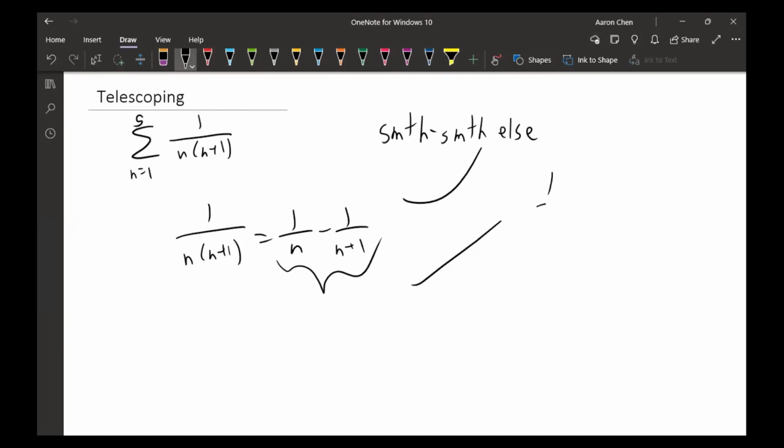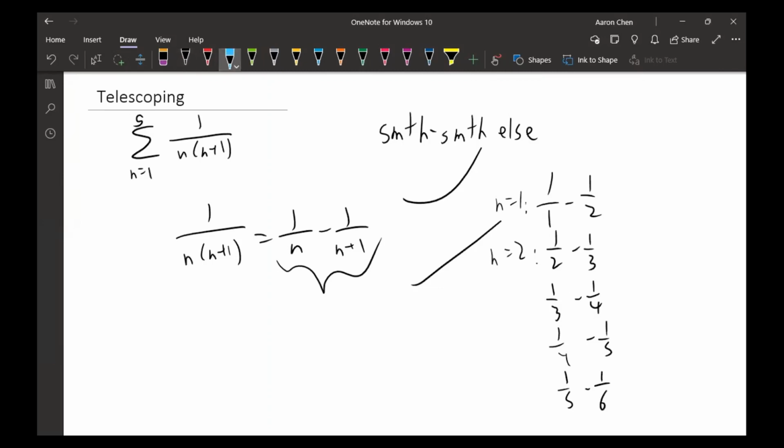Then this becomes 1 minus 1/2 for n equals 1, 1/2 minus 1/3 for n equals 2, 1/3 minus 1/4, 1/4 minus 1/5, and 1/5 minus 1/6. The key idea of telescoping is that these terms cancel each other, and all you're left with is 1 minus 1/6, which is 5/6. That's basically how telescoping works.